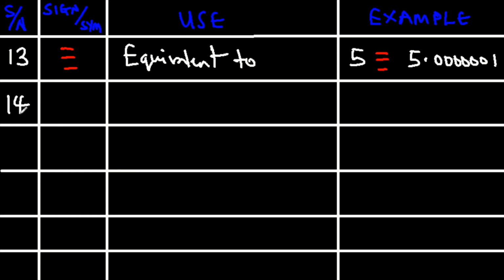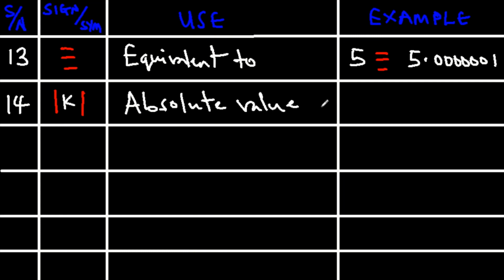The next symbol I would like to be showing you guys is this symbol. This symbol is called the absolute value symbol. And this symbol is used for producing the absolute value of an integer. And by absolute value, I mean the distance of the integer from the origin.